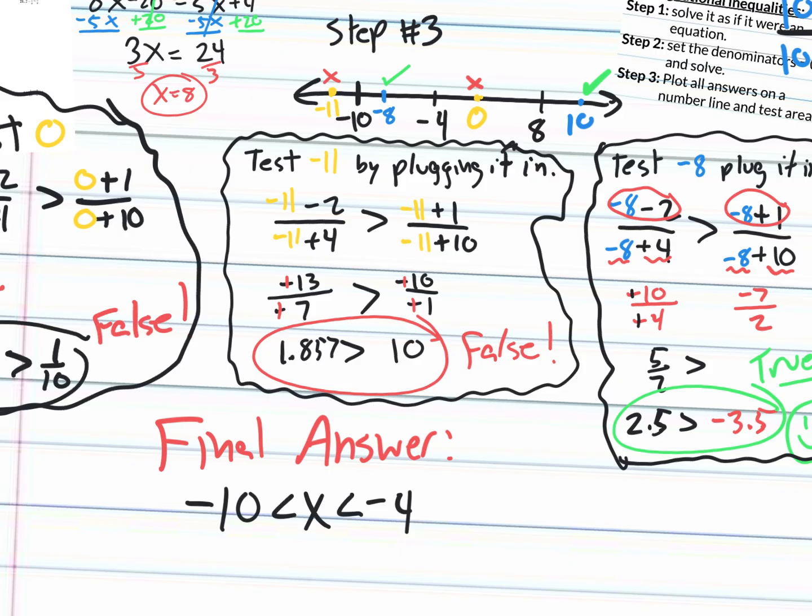That compound inequality is saying that your x values have to be greater than -10, but the x values have to be less than -4. So it's between -10 and -4, just like all the compound inequalities we've written in the past. And there's another inequality that does work. That would just be x is greater than 8. So you could put comma, x is greater than 8. So here's your final answer.